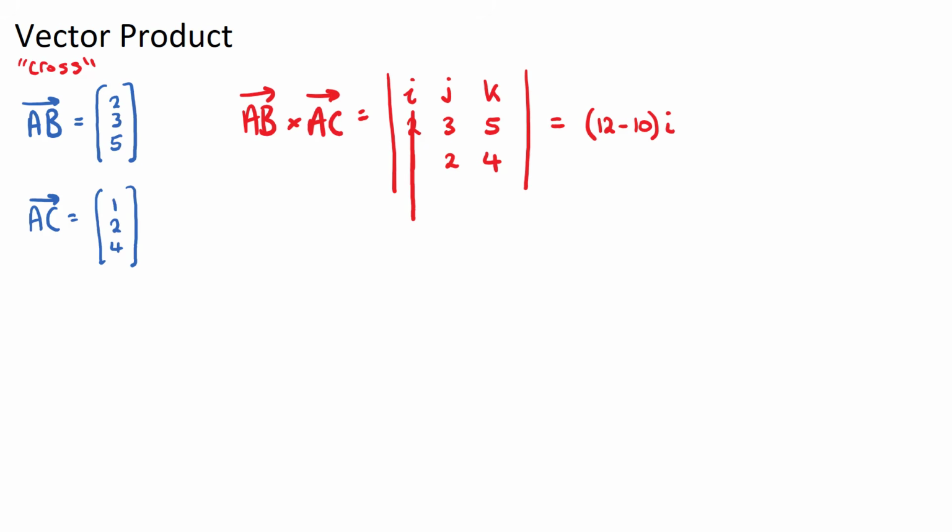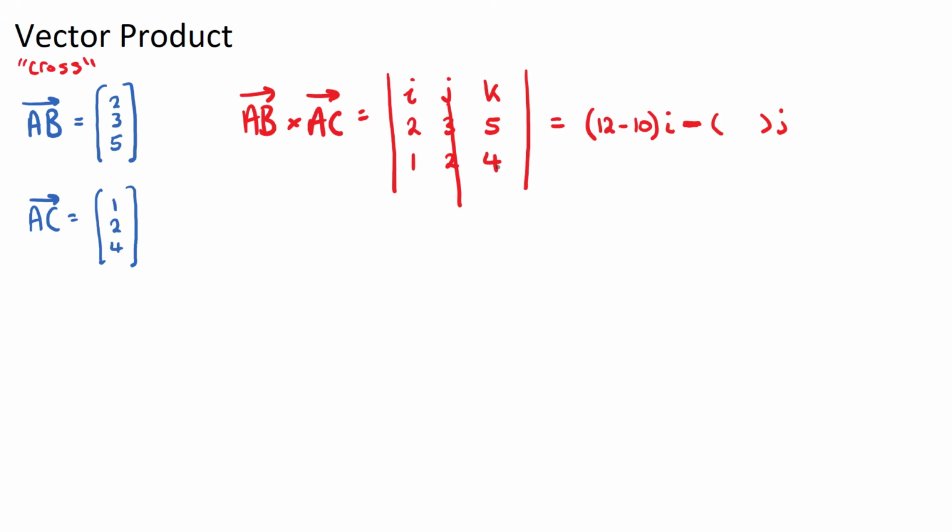Okay, now the second component, our j. Something to remember, and unfortunately a lot of students forget this, the j term always needs to have a minus sign. So we need to put a minus only in front of the j term. So for j, let's ignore the rest of that row and the j column, and we use the other 4 numbers.